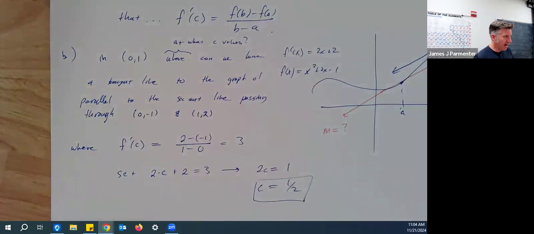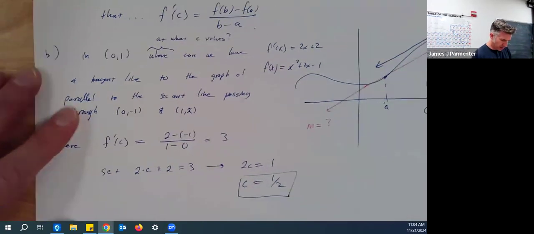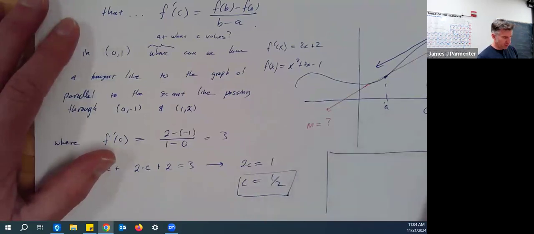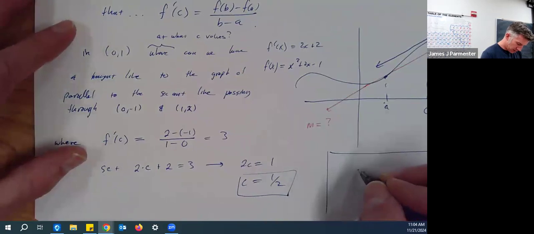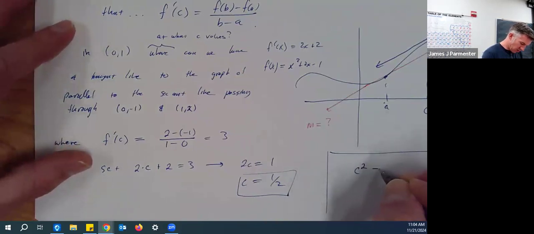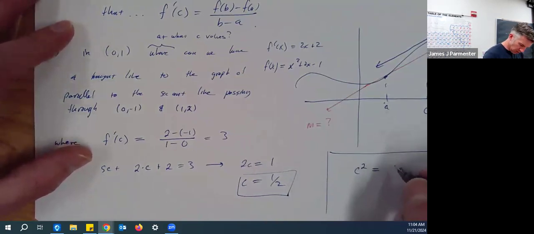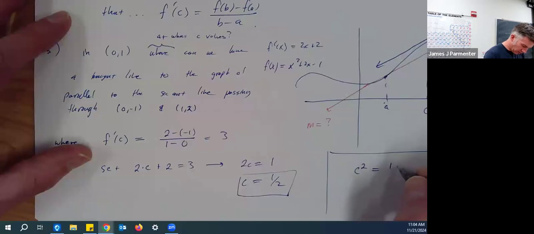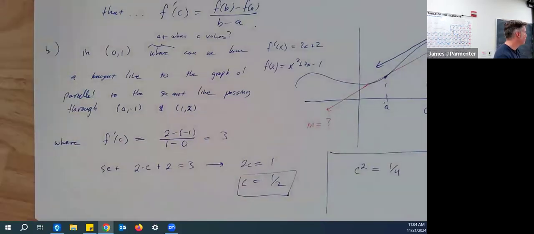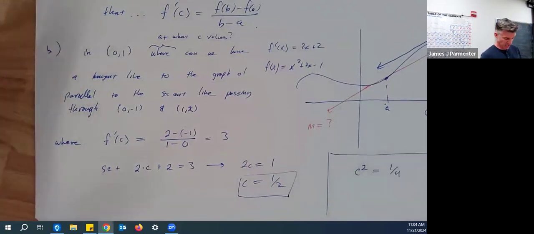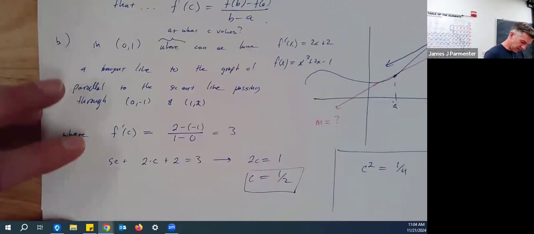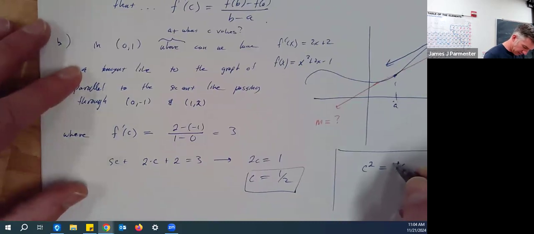So I will just point out, if I was asking this question, I would have done it so that when you did this part here, you would have ended up with something more like c squared equal to, I don't know, 1/4. I don't love that. Let's try a different number here. Fine, let's make it 4/9.